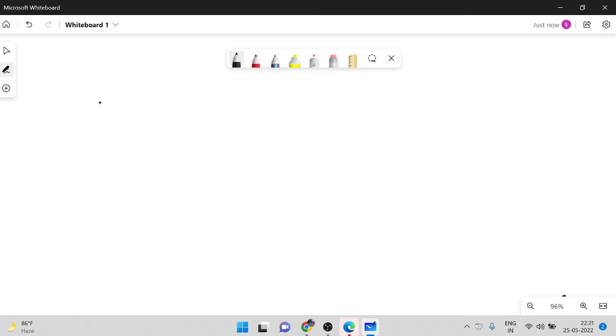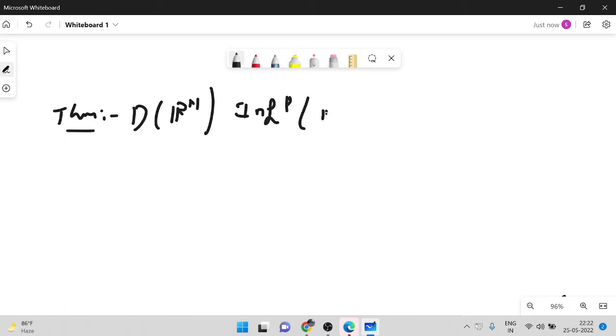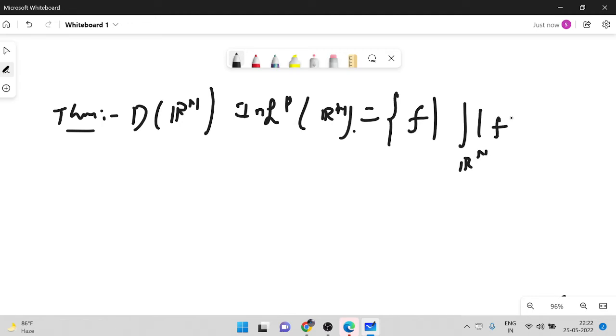Okay, so now I'll state another theorem. If you remember, D of Rn are all infinitely differentiable functions with compact support. So D of Rn is dense in Lp of Rn, where Lp of Rn is something that I have defined again and again: all functions f such that the Lp norm of f is less than infinity. What is the meaning of the theorem?